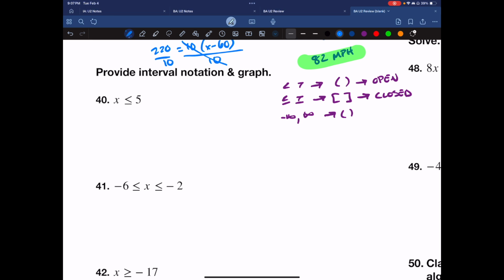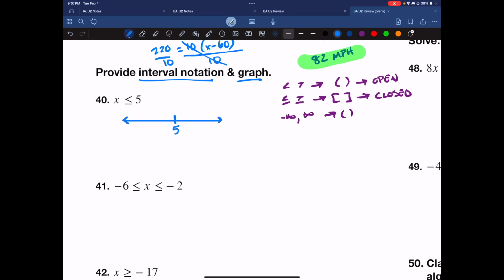So I want to provide the interval notation and the graph. Okay, so x is less than or equal to 5. That means 5, I can't go any higher than. You always write your interval least to greatest. Let's go the other direction because it may be simpler for you to do this. So I'm going to do a 5.